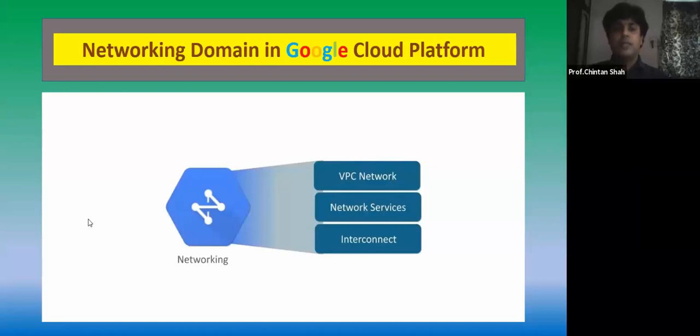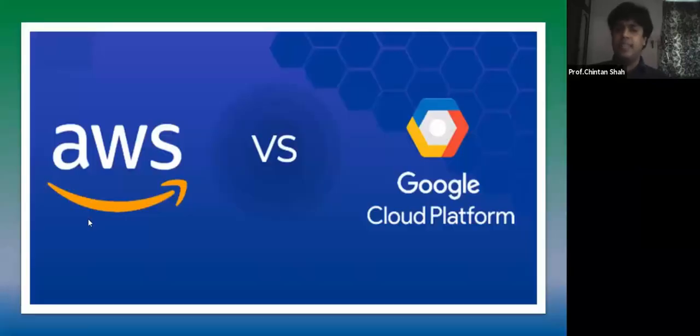Okay. So once we have seen all these services in detail, let me take you to the next slide where we are going to compare Google Cloud with the very popular Amazon Web Services. Before I start with this, I think most of us might have a question: which cloud provider, or which cloud service, do we need to select?